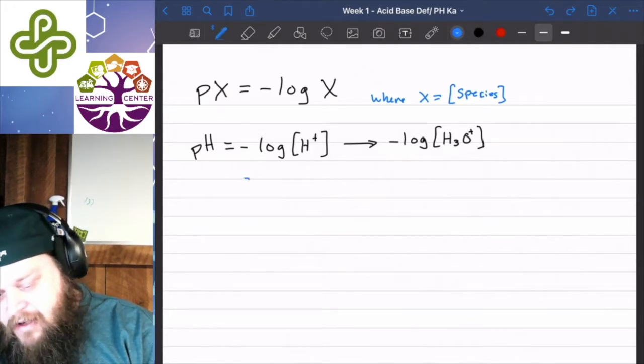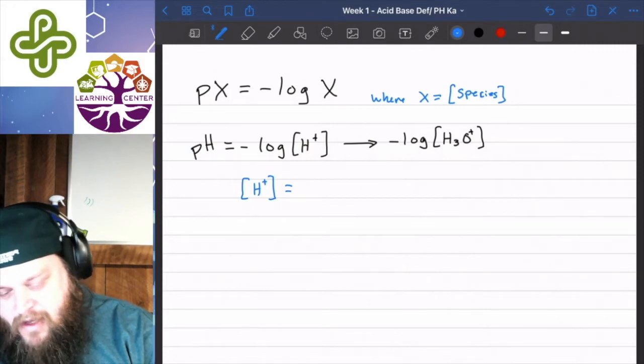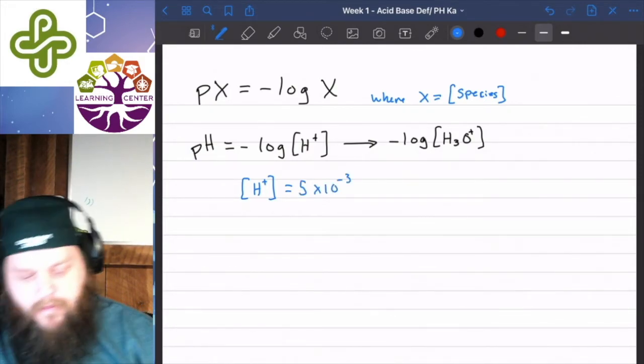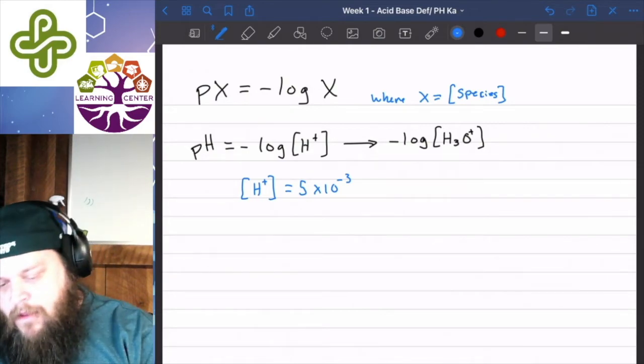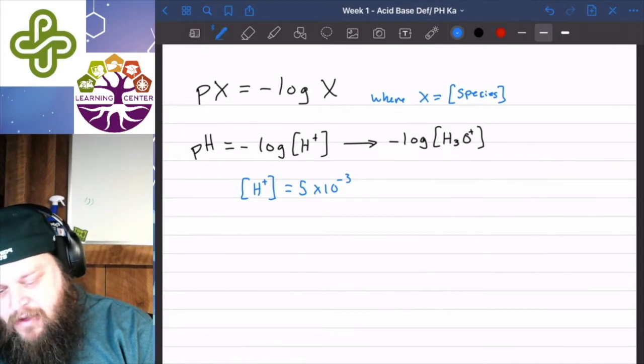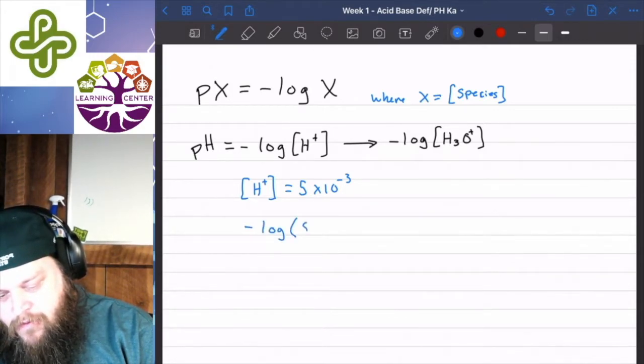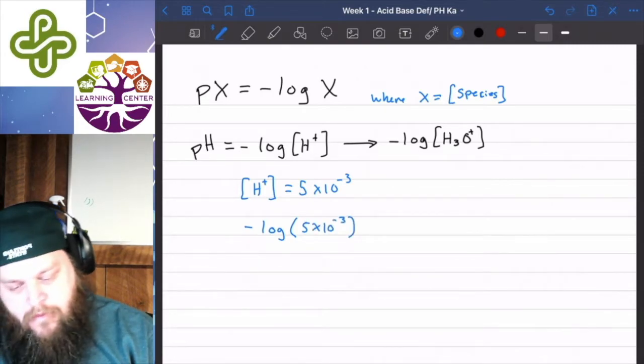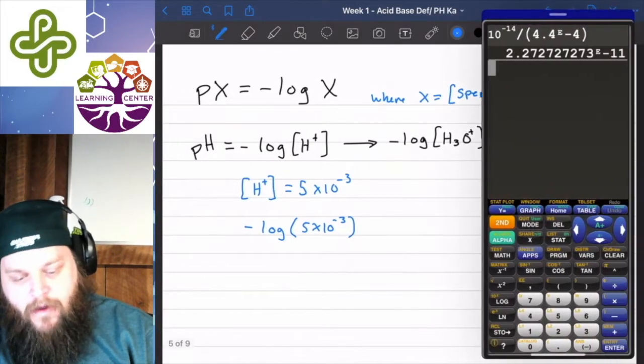So if I had a concentration of H plus that was equal to, say, 5 times 10 to the negative 3, we could calculate the pH by just plugging into our calculator negative log of 5 times 10 to the negative 3. So I've got my calculator here.